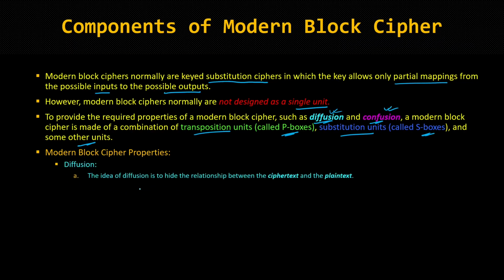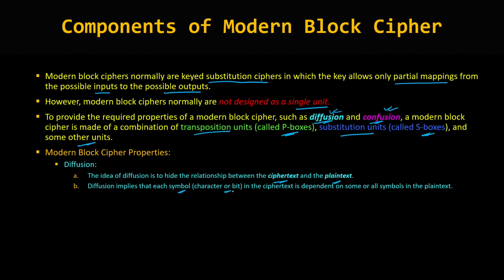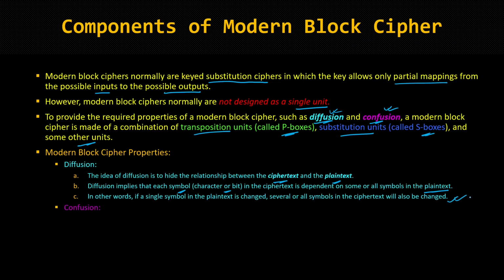The idea of diffusion is basically to hide the relationship between ciphertext and plain text. Diffusion implies that each symbol, character or bit in the ciphertext is dependent on some or all symbols in the plain text. So in other words, if a single symbol in the plain text is changed, several or all symbols in the ciphertext will also be changed. Now moving on to confusion.